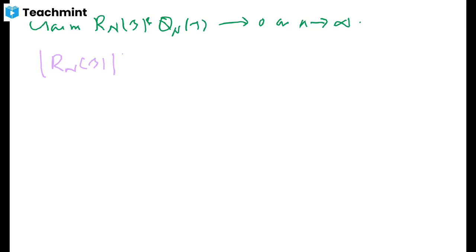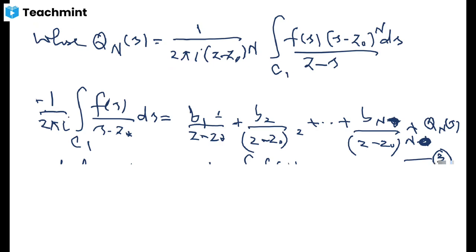This has to be equal to mod of z minus z naught to power n upon 2 pi i. I have taken the modulus, integral over c2 of f of zeta upon, let me look at the expression for Rn.